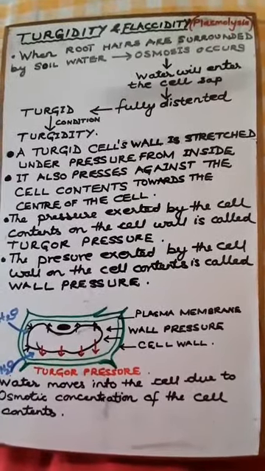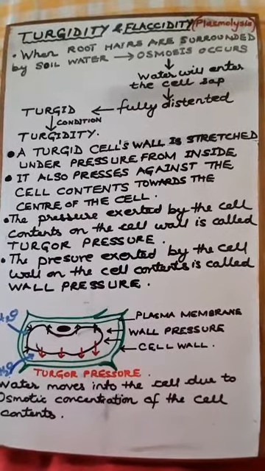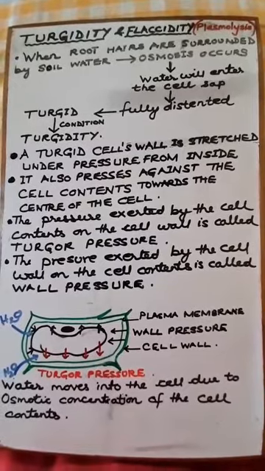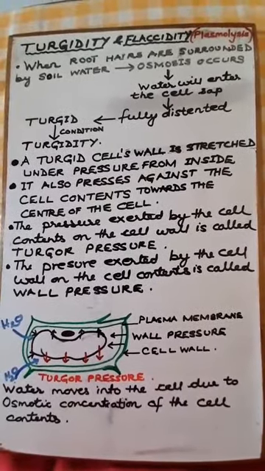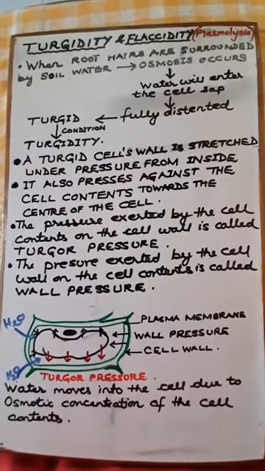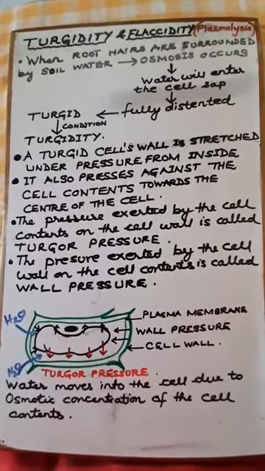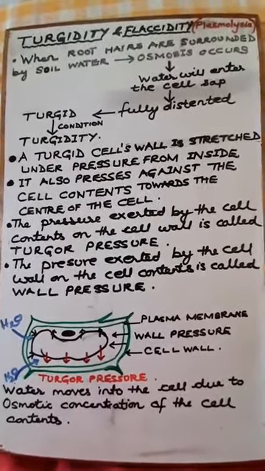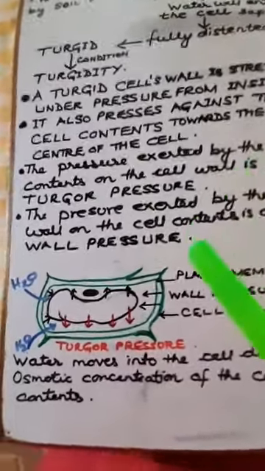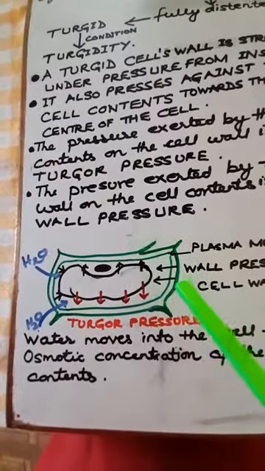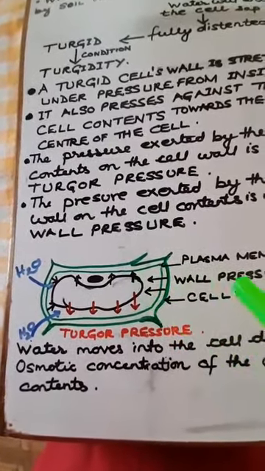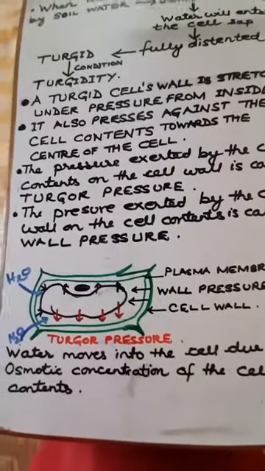It presses against the cell contents towards the center of the cell. What presses against the cell contents? It is the cell wall that presses against the inside of the cell, the contents of the cell.